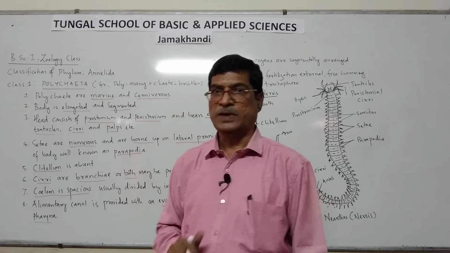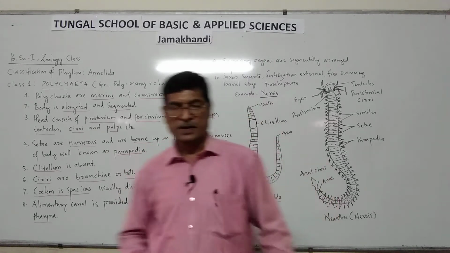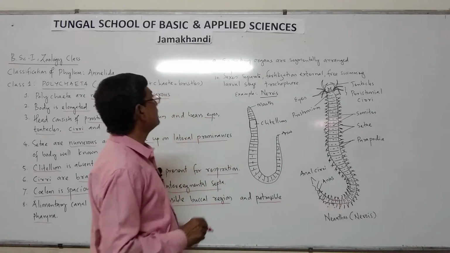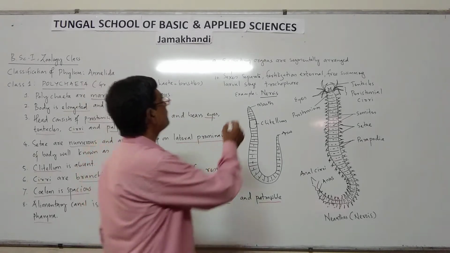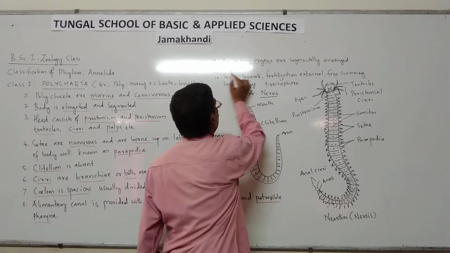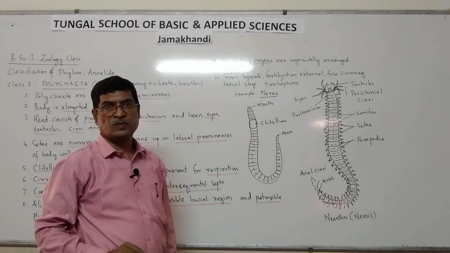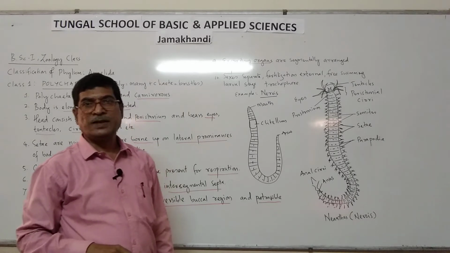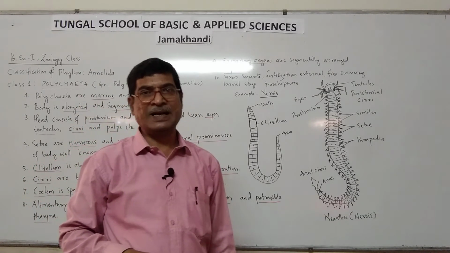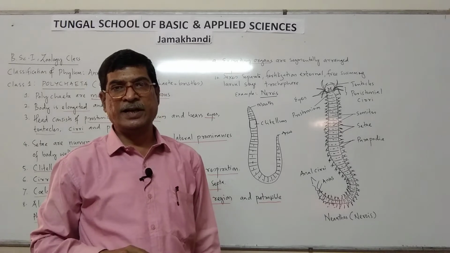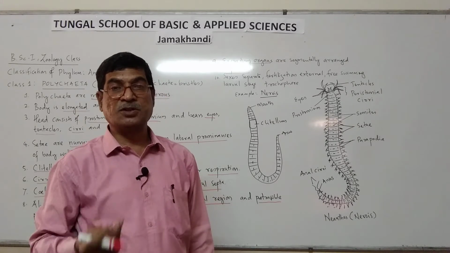Yes, that is there in the polychaetes. Next, excretory organs. Excretory organs are nephridia. They are segmentally arranged. In earthworm also, nephridia are there. Segmentally arranged nephridia take part in the excretion of nitrogenous waste.